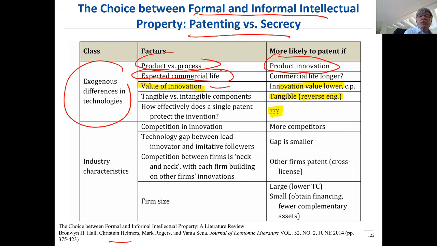What you see here is research seems still undecided on how effective patent protection is. More competitors typically lead you to patent, and so these would be industry characteristics. And if your gap to your rival is small, you're more prone to patent rather than if you are really a leader who is much ahead. And firm size, that's a final thing I want to mention here.